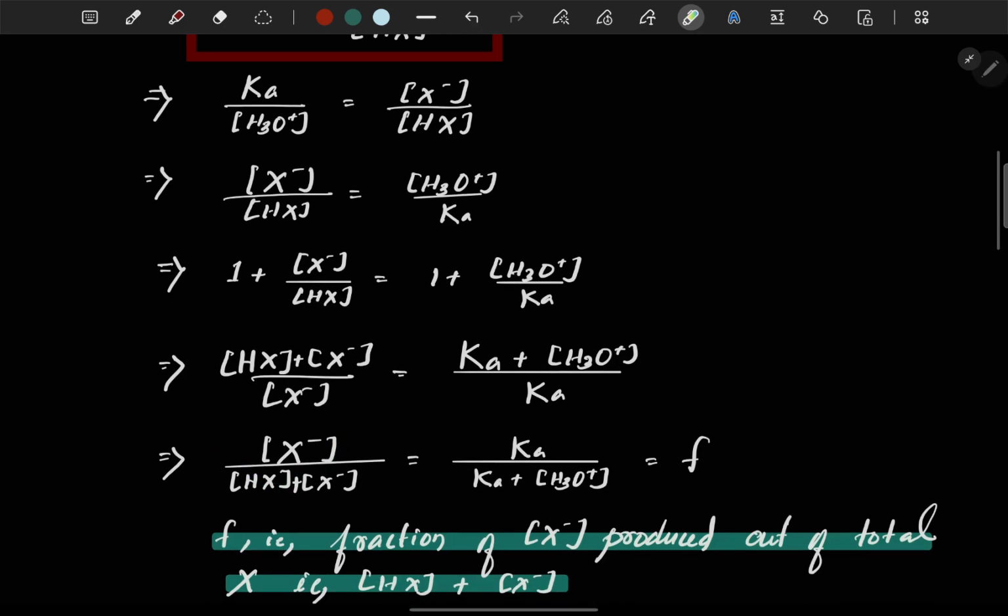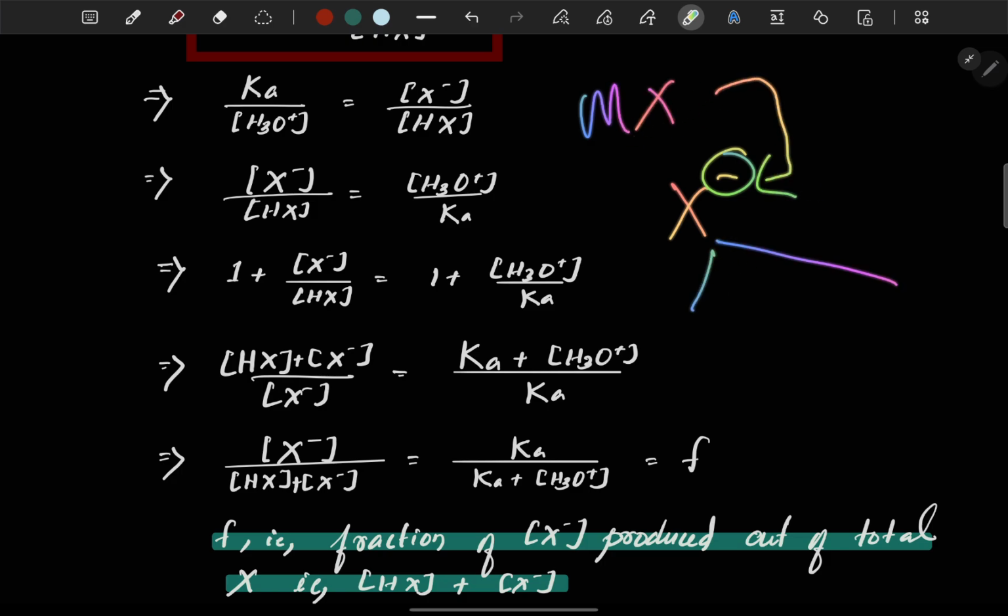X− divided by HX plus X− is equal to Ka divided by Ka plus H3O+, which is taken as F. This is necessary because the X− that is produced from MX now exists as two types, one as X− and one as HX.